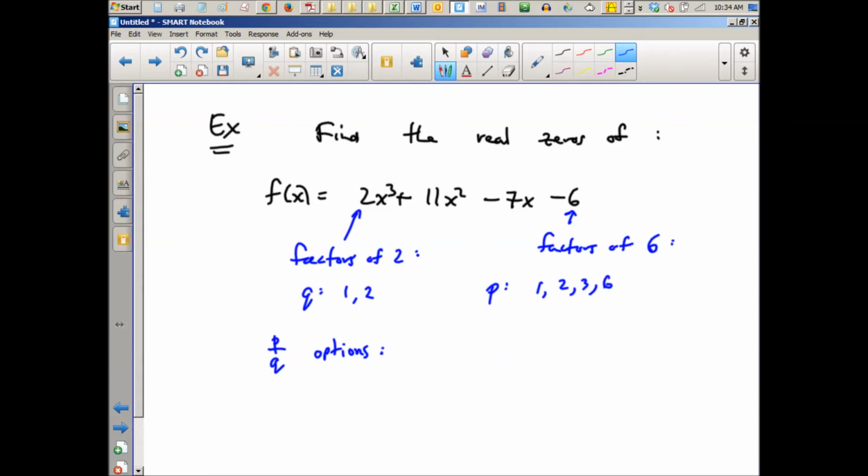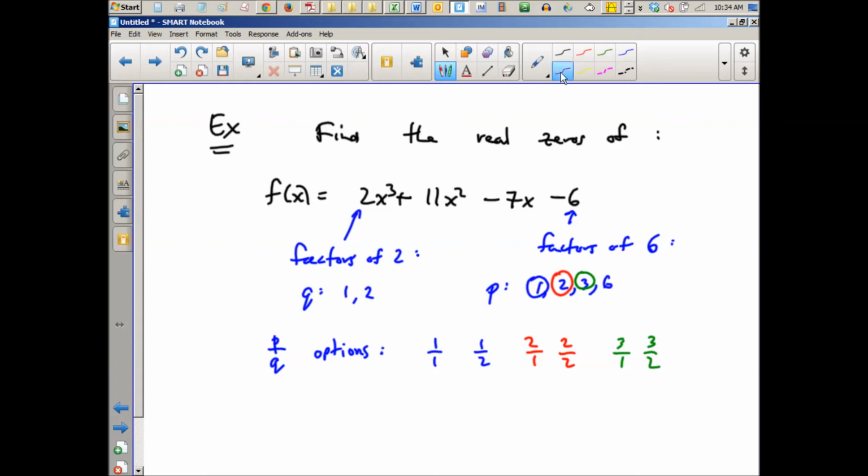So here are some possibilities. We'll just choose 1 here. We'll do 1 over 1 and 1 over 2. Or if we go with this 2 right here, we could do 2 over 1, 2 over 2. Or if we go with this 3, it could be 3 over 1, 3 over 2.